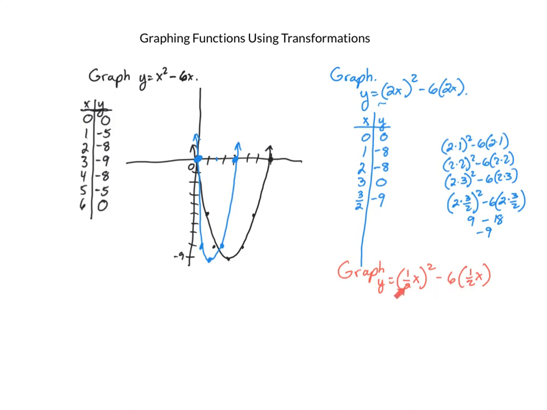So we stretch by a factor of 2. So here's how it looks. This point would stay right where it is, because remember, we're stretching with respect to the y-axis. And the black graph is our original one. This one is stretched out, so instead of being here at 3, negative 9, it's going to be at 6, negative 9. This point that was at 6, 0 is now going to be way over here at 12, 0. And our graph looks like this.